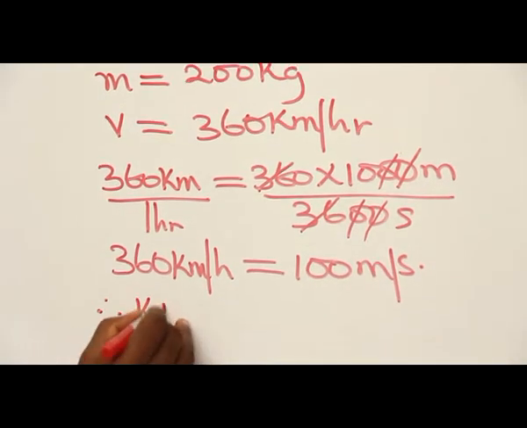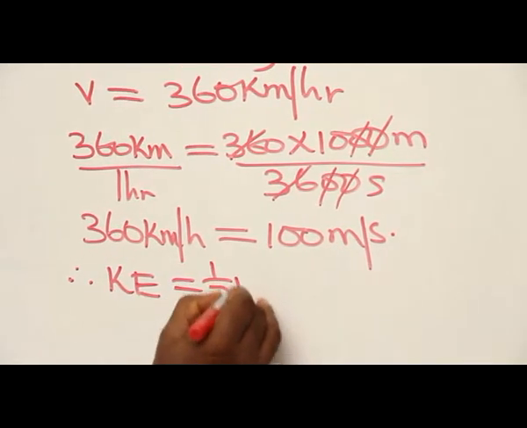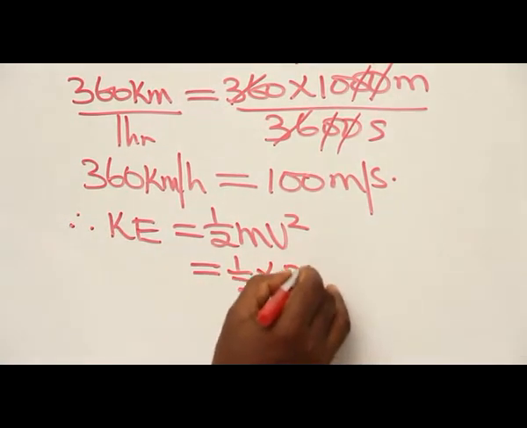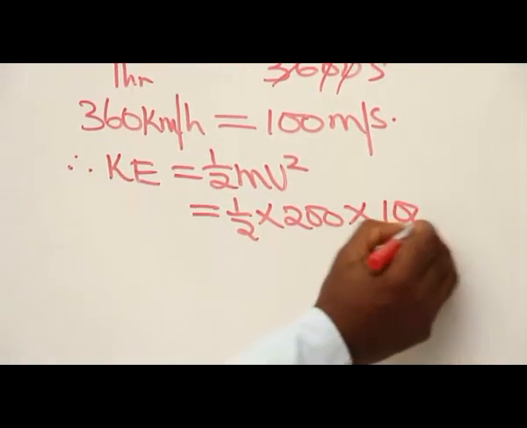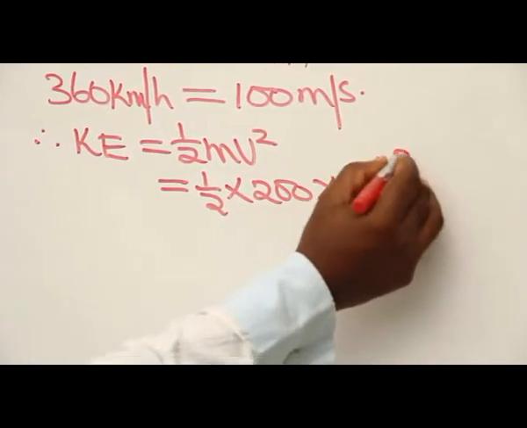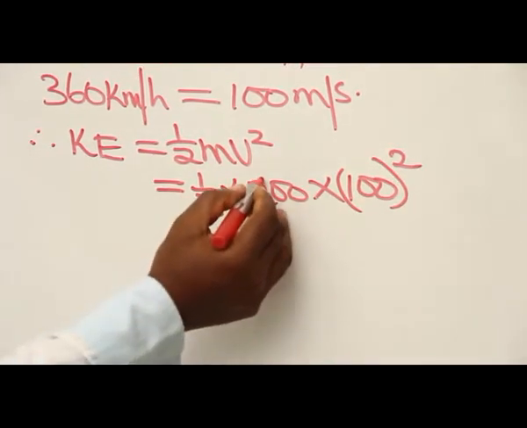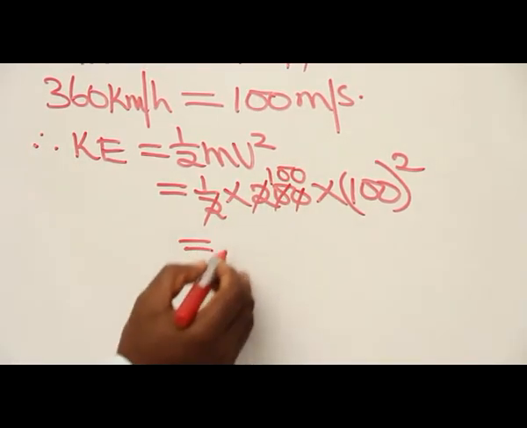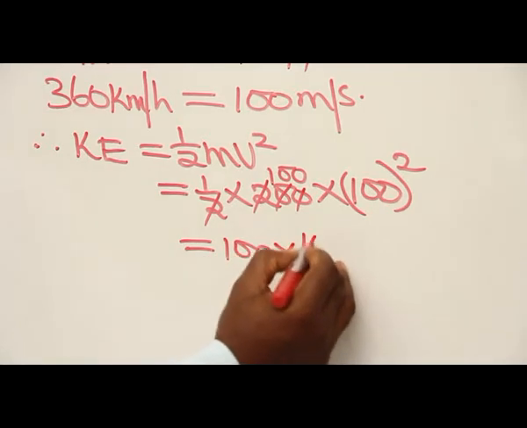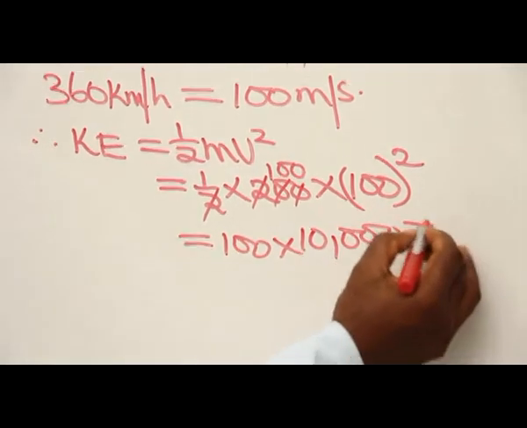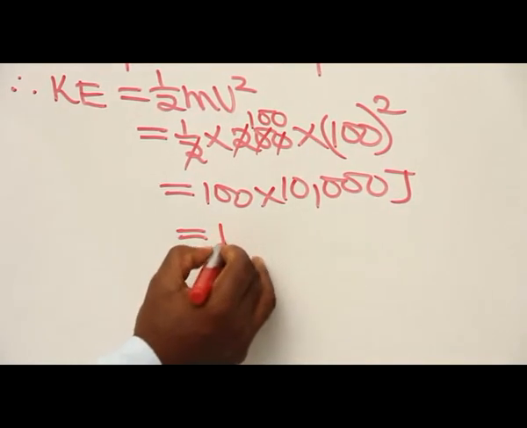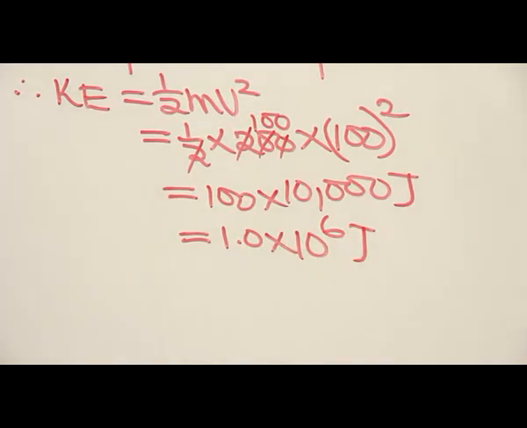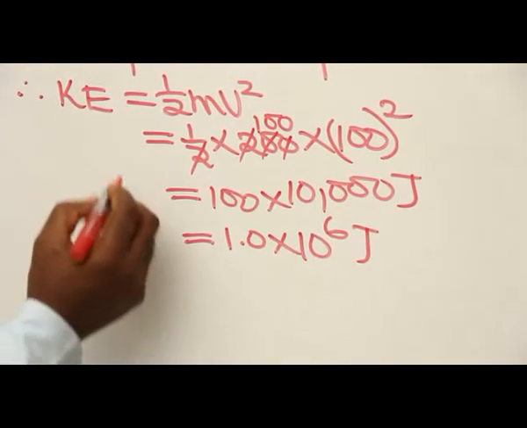Therefore, kinetic energy, which is half mv squared, becomes half, the mass is 200, the speed is 100 squared. 2 into 200 will give us 100. So we end up getting 100 times 10,000 joules. The answer is 1.0 times 10 raised to power 6 joules. Option B is therefore correct.